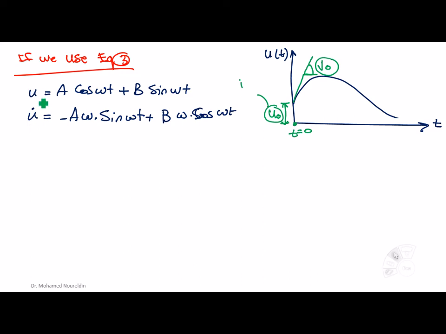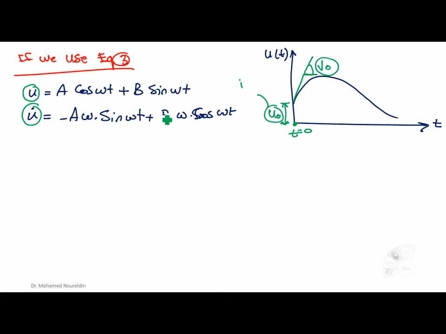So we are going to substitute in the equations, and instead of u here, we put u node, and for cosine omega t we put t equal to 0, and then get the values of a and b. Okay? We use u and u dot because we have u node and v node in each equation.